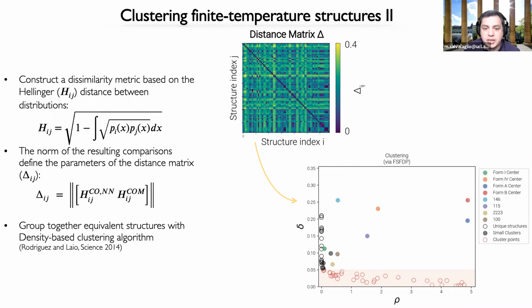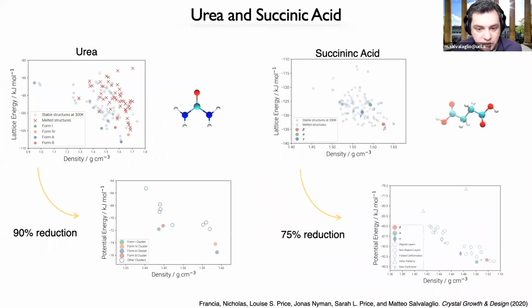This dissimilarity matrix can then be fed to a clustering algorithm, and in particular we are using the FSFDP, fast search and find of density peaks algorithm developed by Rodriguez and Laio in 2014. So the idea here, again, I've said many things in a very short time, is we start from a static structure.